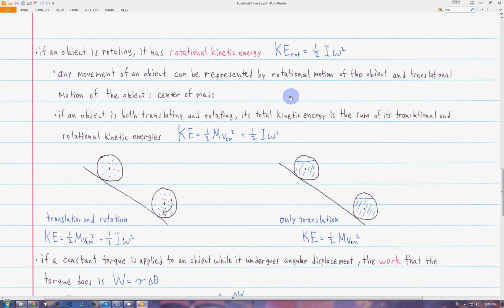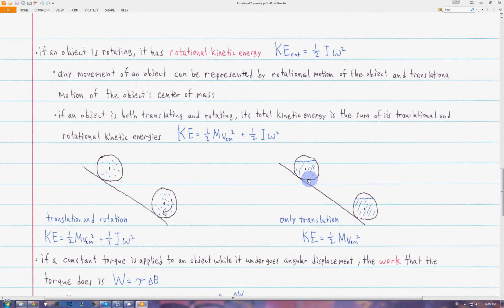And so if an object is both translating and rotating, its total kinetic energy consists of the sum of its translational kinetic energy and its rotational kinetic energy, which is 1/2 mv squared, where m is the mass of the total whole object, and vcm just means the velocity that the center of mass of the object is moving at, plus 1/2 I omega squared, which is the rotational kinetic energy.